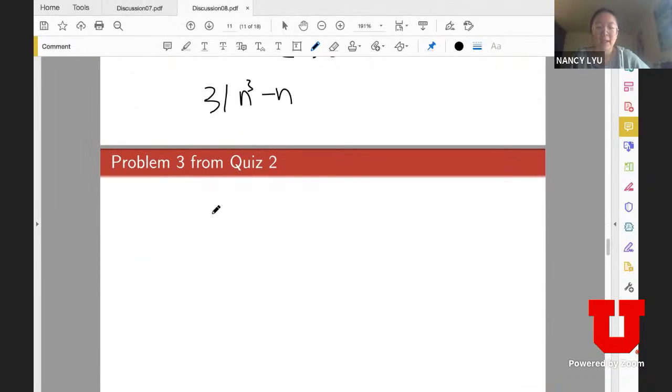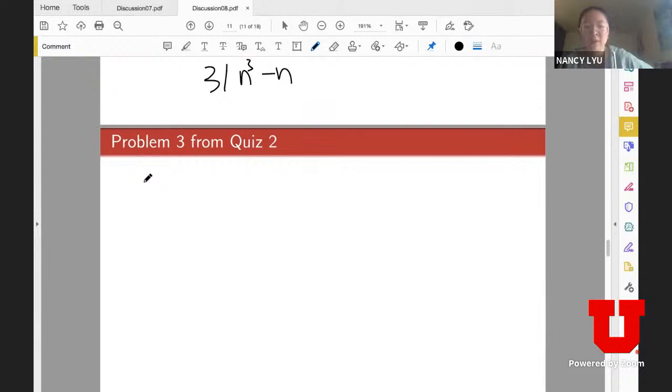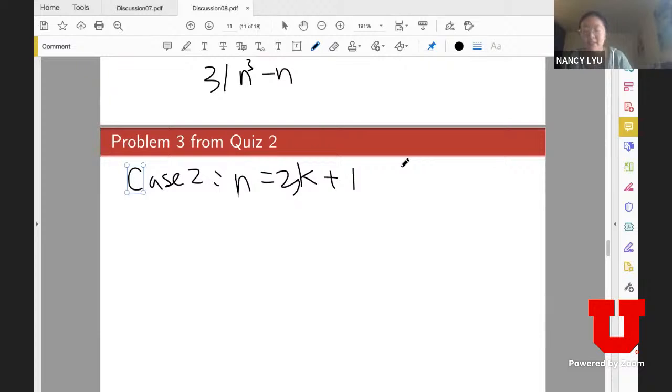Okay, and similar for case 2. If we let n equal 3k plus 1, which means it has a remainder of 1, again we plug into n cubed minus n.